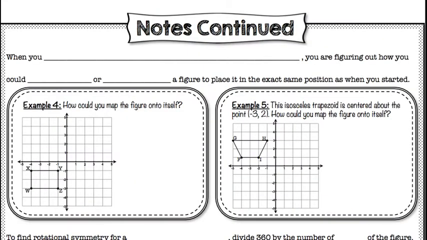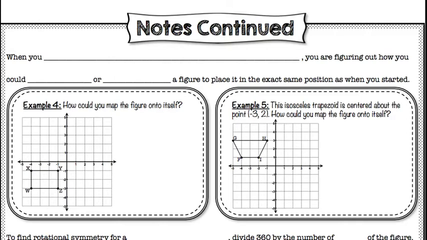All right, so on the back of my notes, this is what I have written down. When you map a figure onto itself, that is what we're going to fill in our notes here.